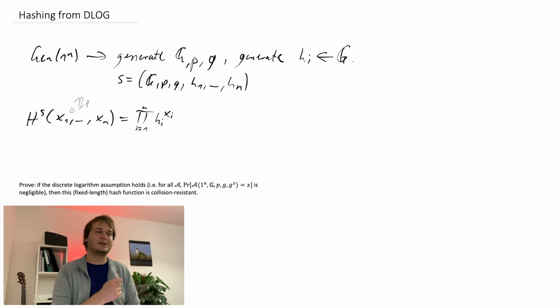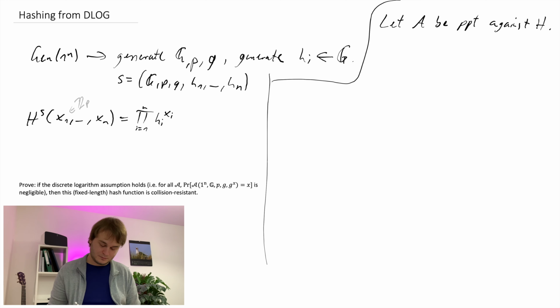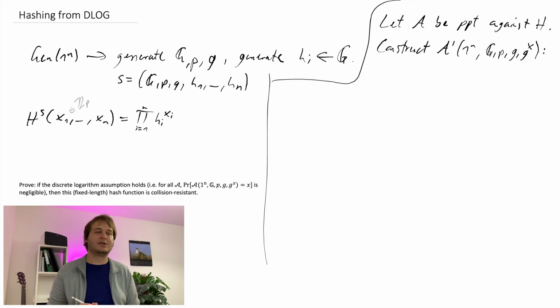And now basically, this hash function, which is really easy, it is secure under the discrete logarithm assumption. So how does that work? As usual, we start with an adversary A against this hash function, and then we come up with an adversary A' against the discrete logarithm assumption. The first thing that A' needs to do, if it wants to run A, then A will want to see the hash key.